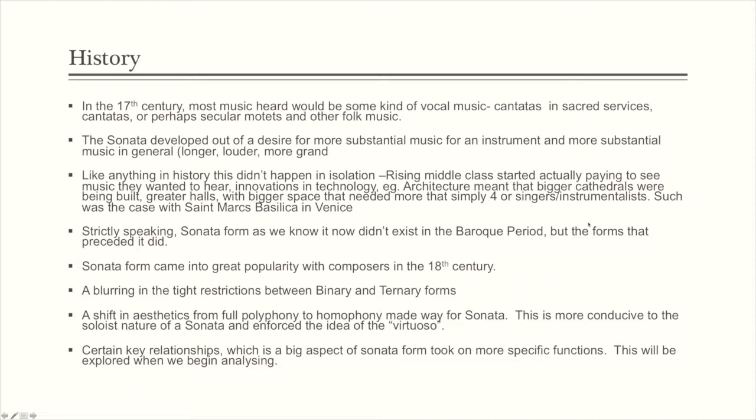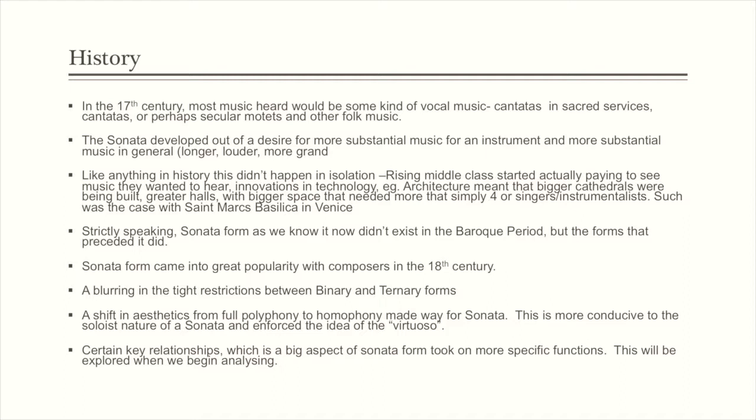Okay, so in the historical context, in the 17th century, most of the music that you would hear, doesn't matter how rich you would be, was in the church. It was church music, and it was of the variety that we talked about when we talked about fugue.